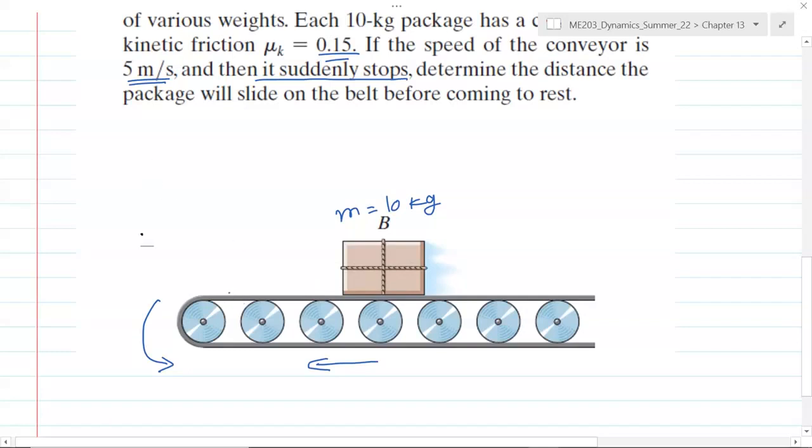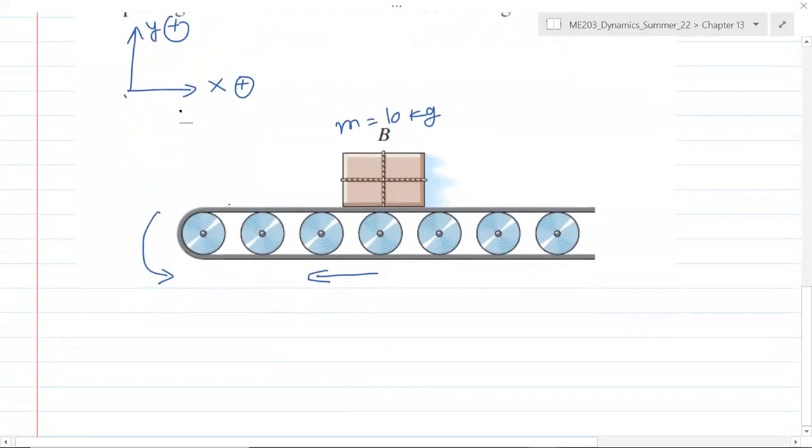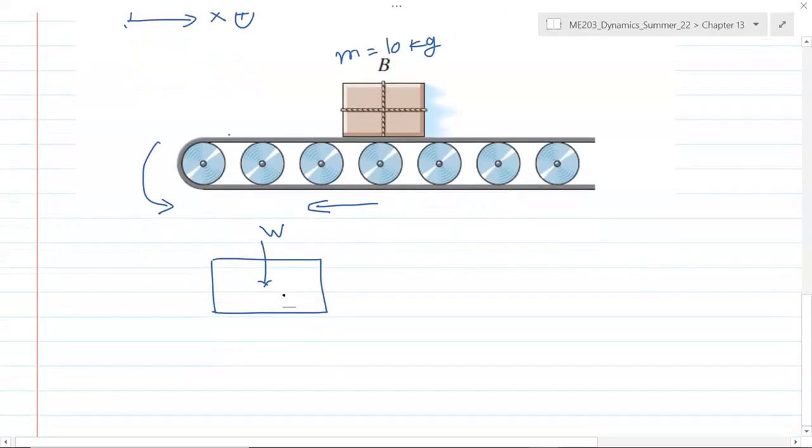Okay, so let's define the coordinate system. X-axis going right is positive and y-axis going up is positive. The next step is we draw our free body and kinetic diagram for the block. For the FBD of the block, we draw the block, weight W acts downward, W equal to mg, and the normal force acts upward.